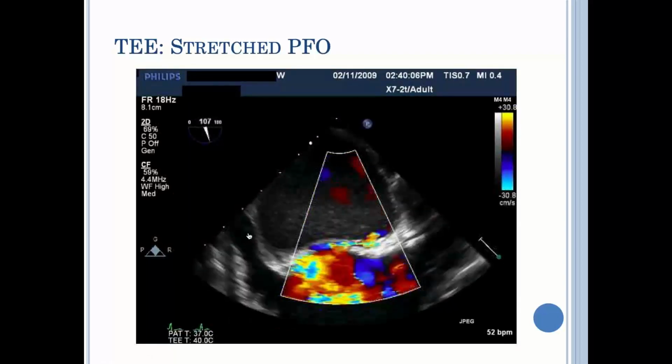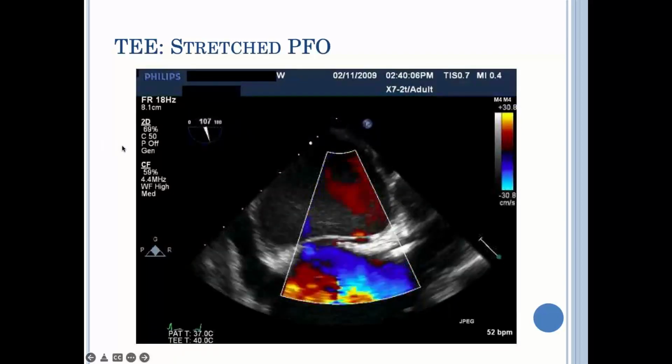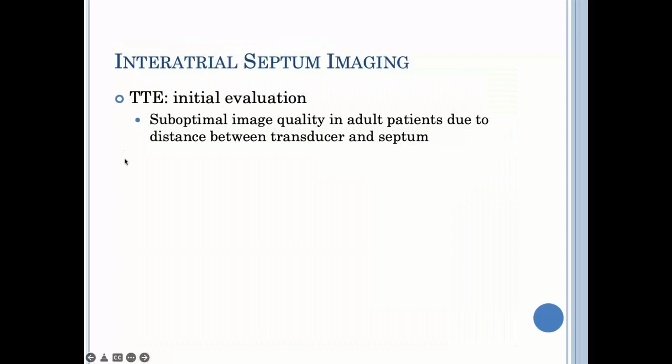So in this case here, that's kind of what I had for going over the anatomy and embryology of the atrial septal defects and some of the other common defects that are generally associated with ASDs.